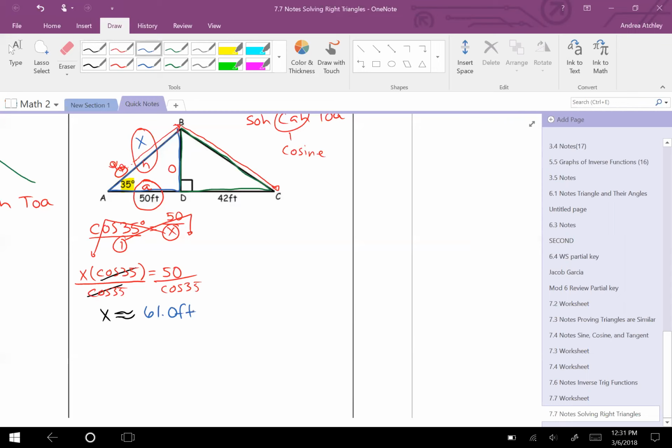Any ideas? Yes. Okay, good. So I'm not going to find an angle. I'm going to find the segment length of BD, which is what you meant to say. So we want to find BD first. That's going to be my y.